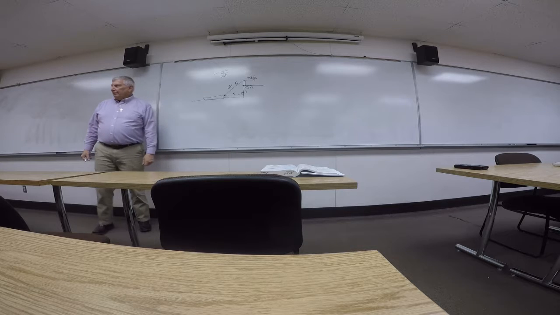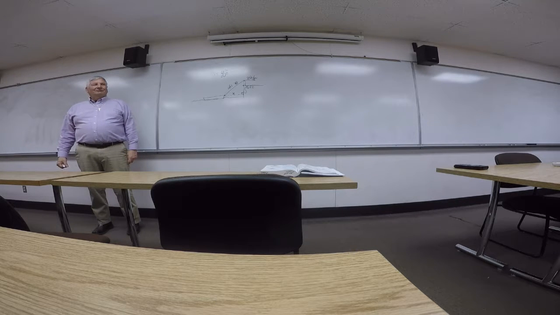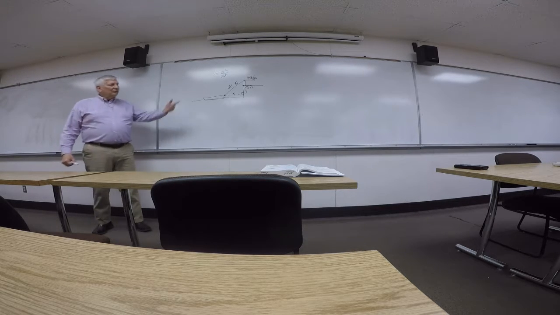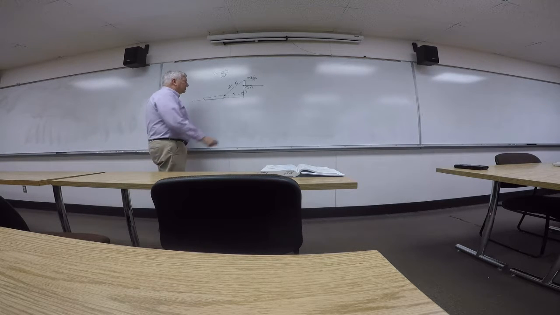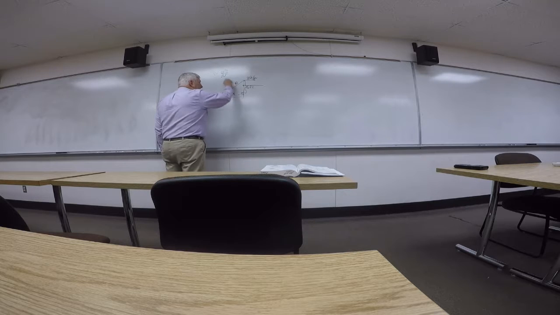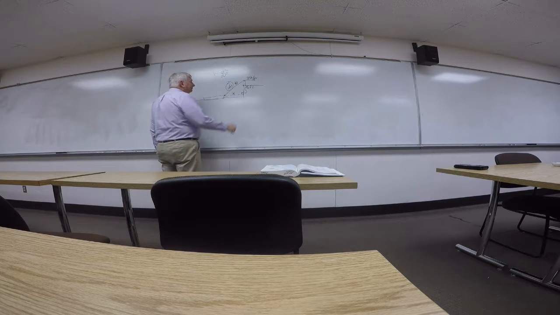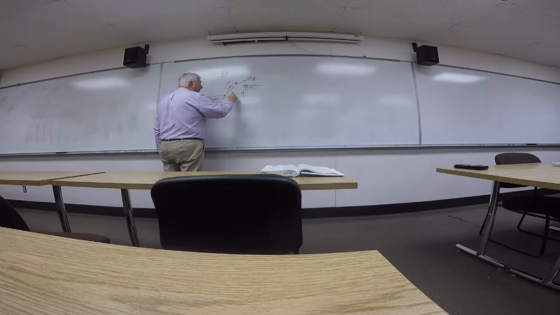Disregarding the slightly less than flat Earth, we'll consider a flat Earth problem, so that's a right triangle. And in a right triangle, there's a relationship between this length and x.